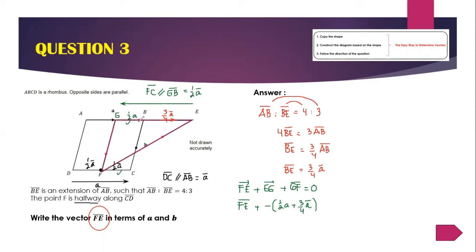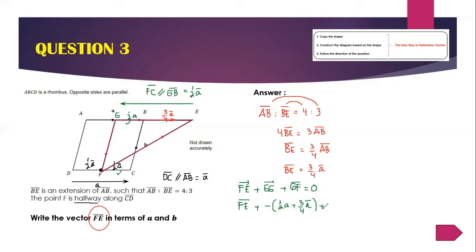GB is a half a, BE is 3 over 4 vector a, but our vector is E to G. That's why the direction is negative, opposite, so we have to write negative here. Is it clear to you?